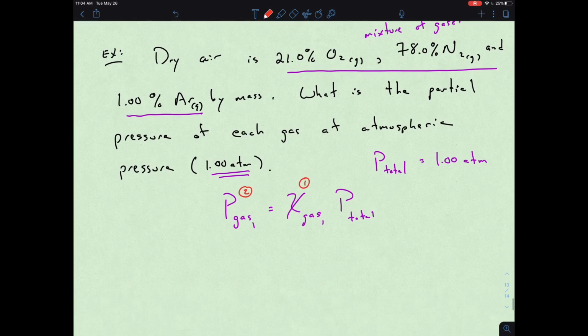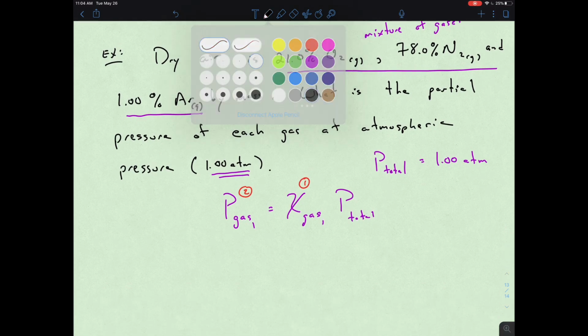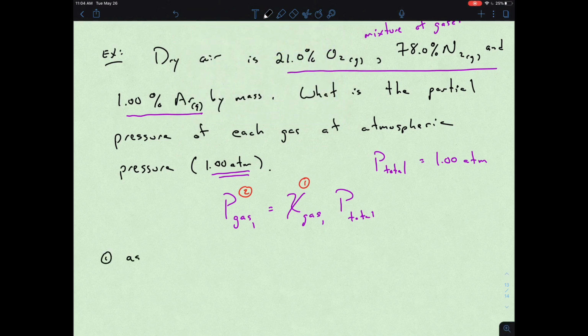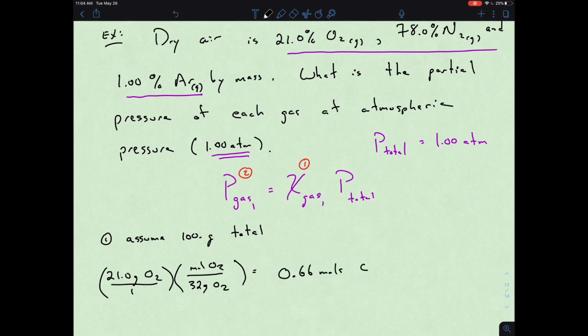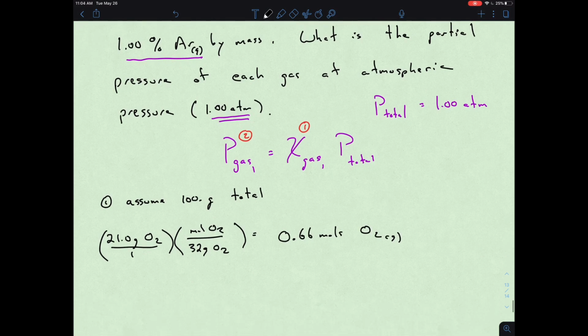So for this first step, we're going to need to assume 100 grams total. So that means that we would have 21 grams of our oxygen. And if we divide by 32, we should get 0.66 moles of our oxygen gas.